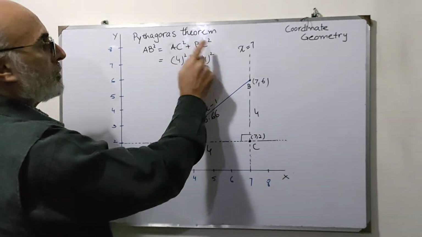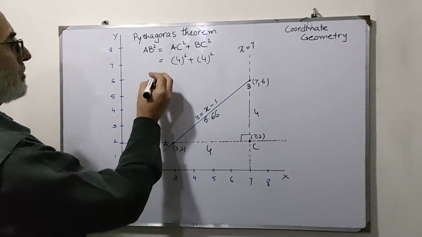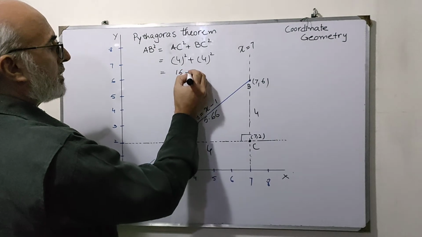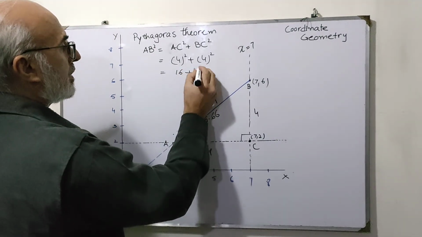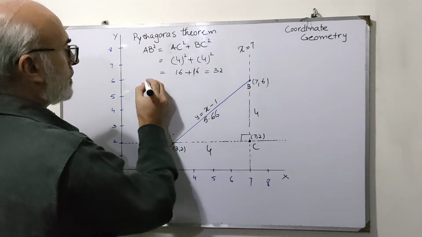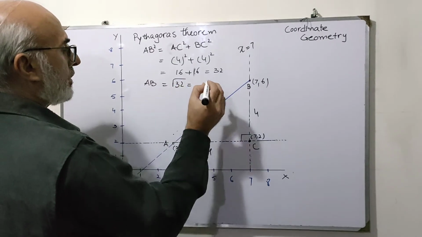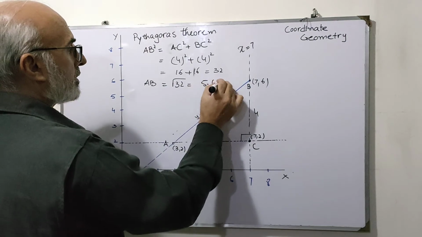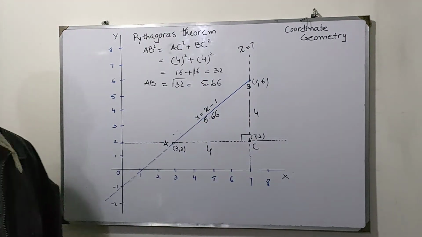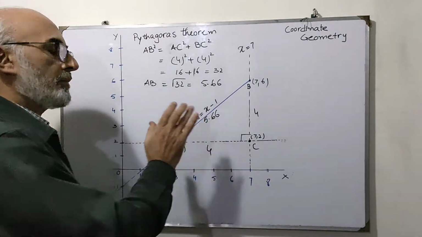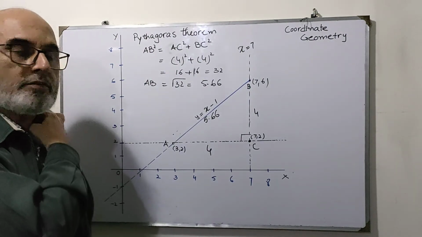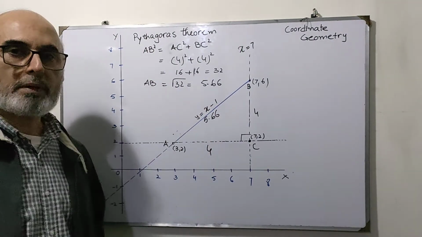So AC square plus BC square is 16 plus 16 equals 32. So AB is the square root of 32, and we have already calculated 5.66. So you see, we have applied the Pythagoras also, and it is confirmed that what we calculated through the graph is also confirmed through the Pythagoras theorem.